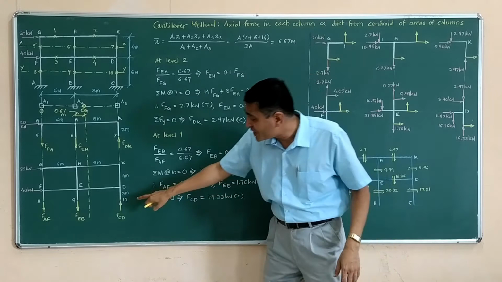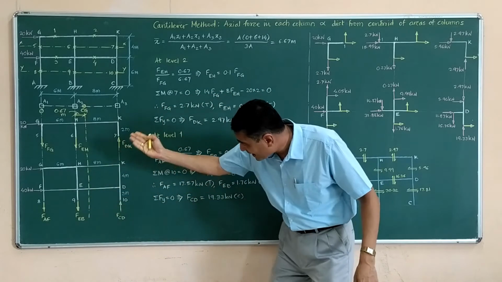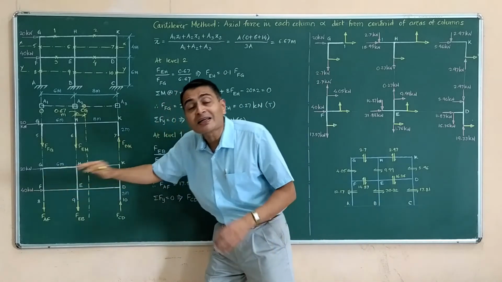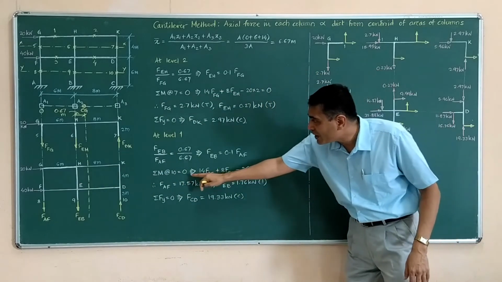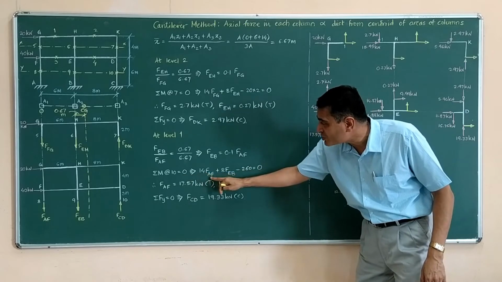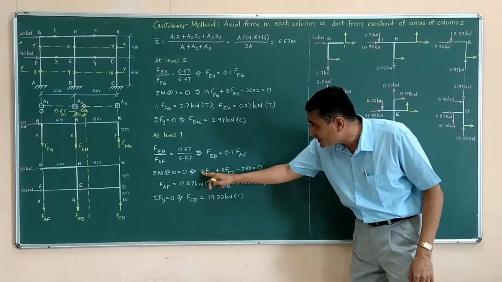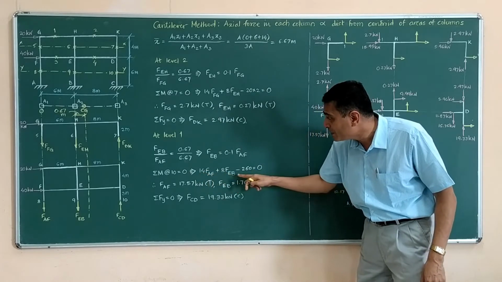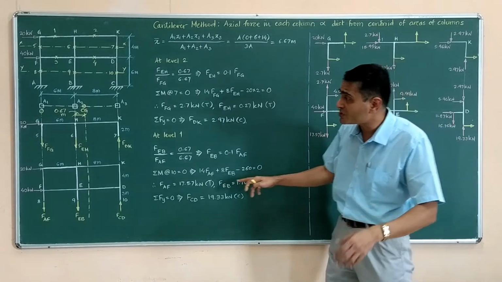Then I am applying sigma m about 10 equal to 0. These two are creating anti-clockwise moments. These two are creating clockwise moments. That is my sigma m about 10 equal to 0 equation: 14 times F of AF plus 8 times F of EB minus 260. Where from am I getting minus 260?